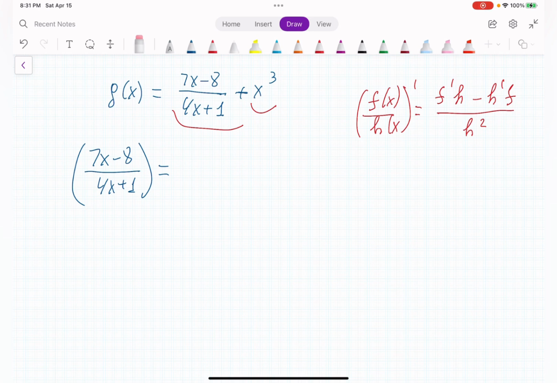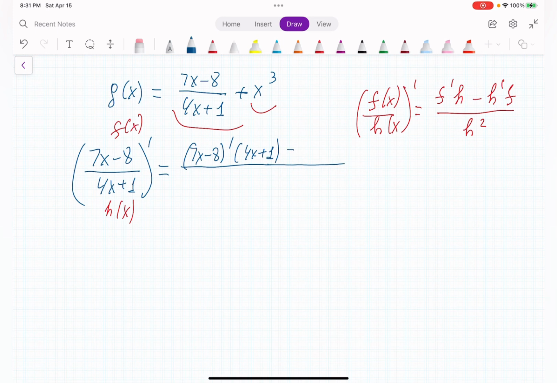So let's see what's gonna happen. The derivative is gonna be equal to, so this is our f of x, this is our h of x. So we need to take the derivative of f of x, which is 7x minus 8 prime, times 4x plus 1. If you're wondering why I don't put d by dx, it's just a long way. I like the short way. I'm a practical person.